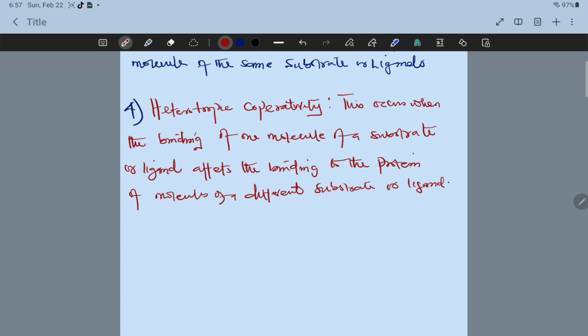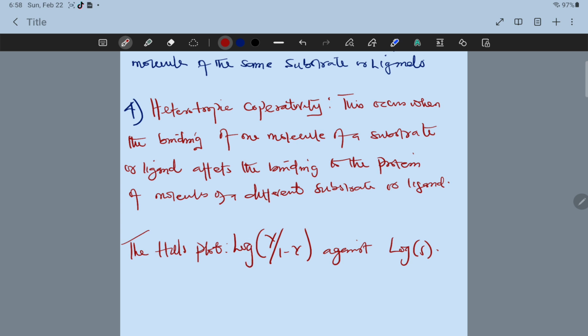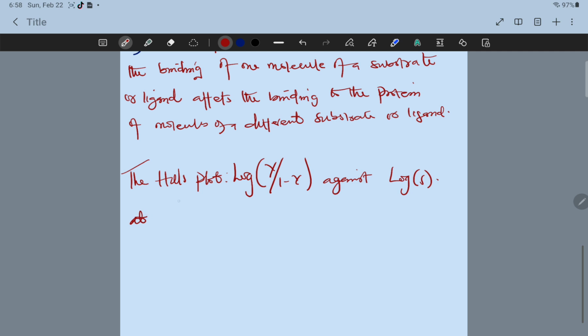That's very interesting. And you find out that the Hill's plot is one of the things you can use to determine cooperativity. In the Hill's plot, we are plotting y over 1 minus y against the log of the substrate concentration, at fixed protein concentration.